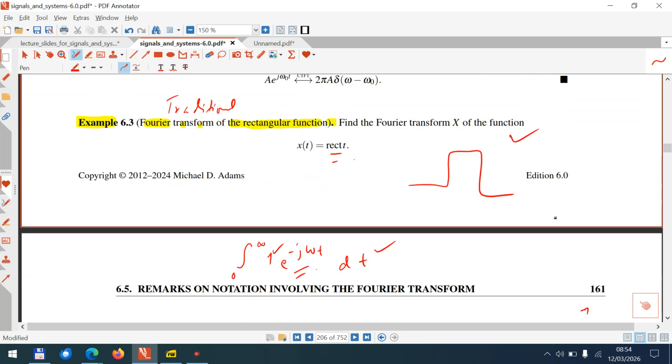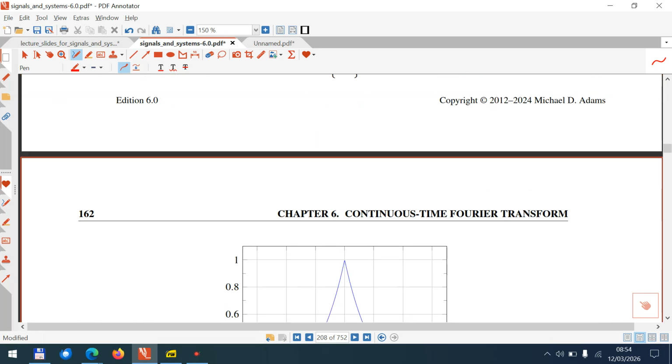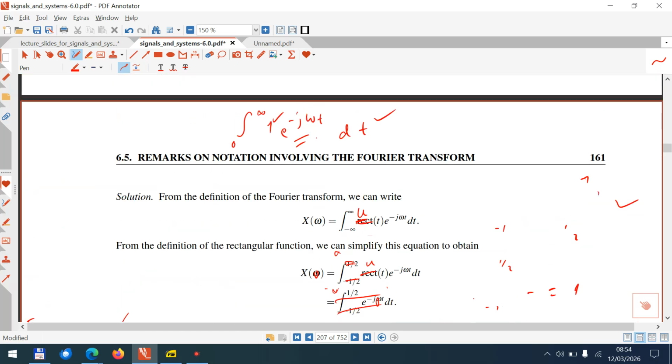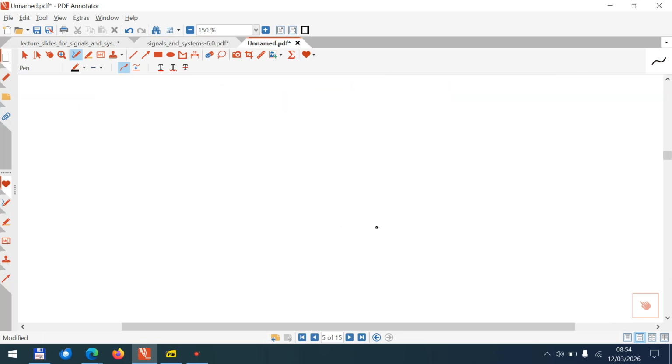We started with this rectangle, we worked out these transforms, and unfortunately he has not plotted it, but you can plot this sinc of omega. How will a sinc of omega look? If you have this rectangle function in the time domain and you transform it to CTFT, that sinc will look like this.